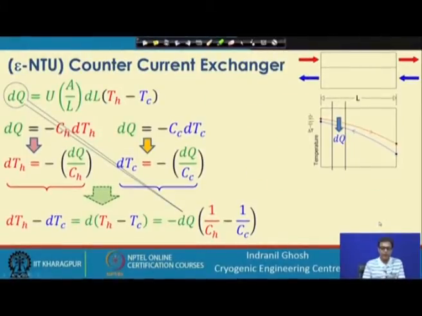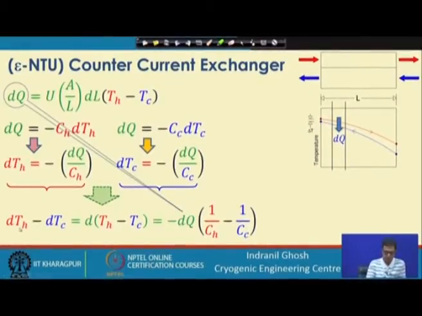In an earlier discussion we have seen that in this heat exchanger we have taken a small elemental length dl, where we can write dq in terms of the overall heat transfer coefficient or conductance multiplied by the difference in temperature. In the previous class we have discussed this.